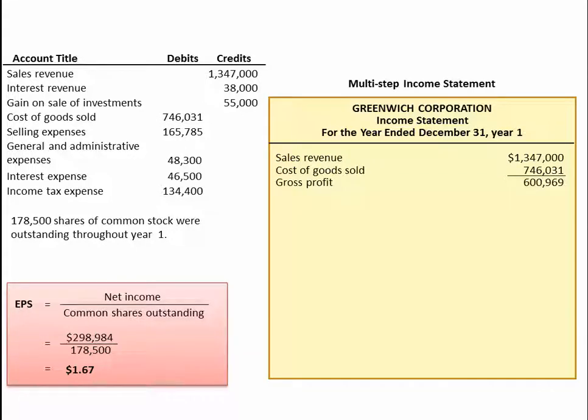This is called gross profit. So I had mentioned earlier that the multiple step income statement has different intermediate steps, so to speak. So gross profit is basically just a measure of what you're buying it for and what you're selling it for.